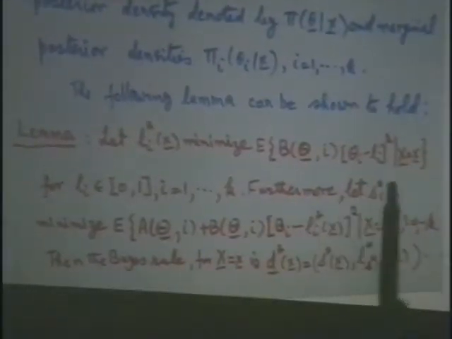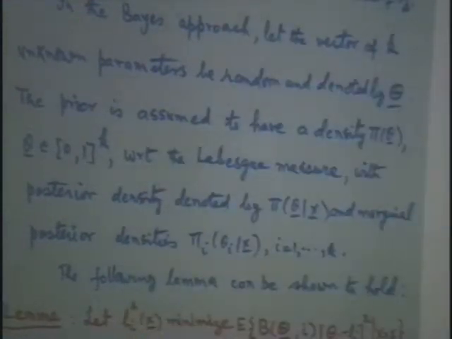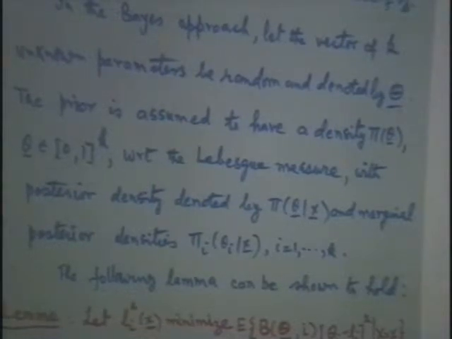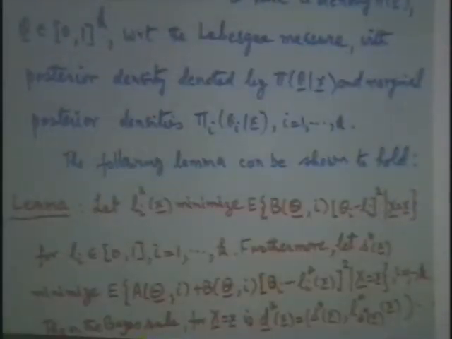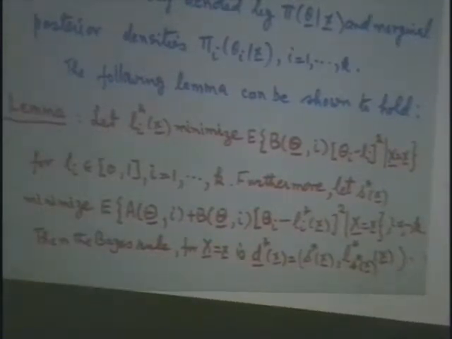And furthermore, let s star x minimize the expected value of this whole quantity here, a of theta i plus b theta i squared, given X equal to x. Then the Bayes rule for this particular situation, having observed X equal to x, is simply d star x, and it consists of these two parts, s star x and L star s star x.